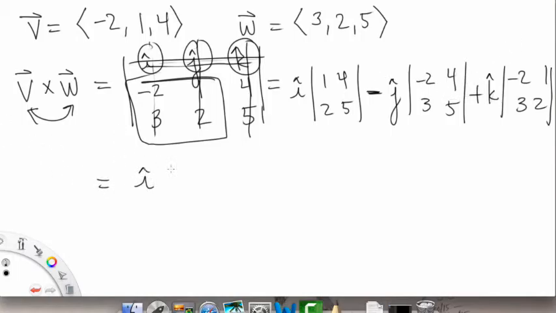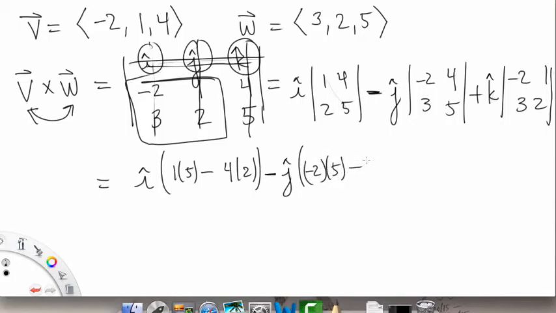So we have i hat times what? 1 times 5, going this way. 1 times 5 minus 4 times 2. Okay? And then minus j hat, and then this is given by -2 times 5 minus 4 times 3. Okay?